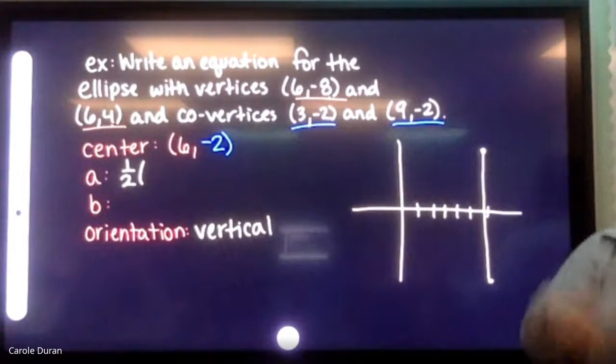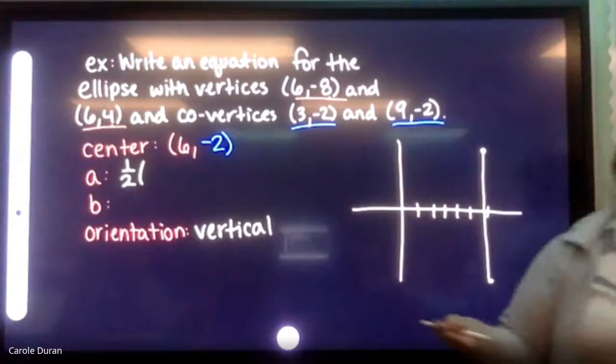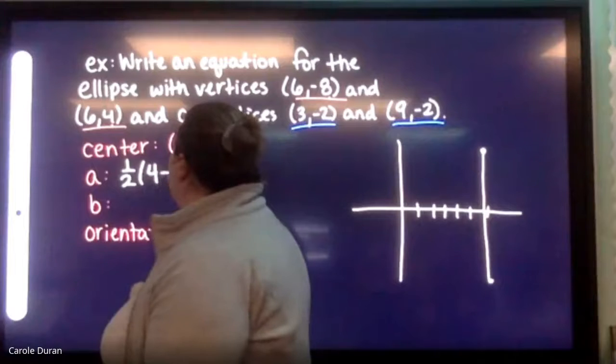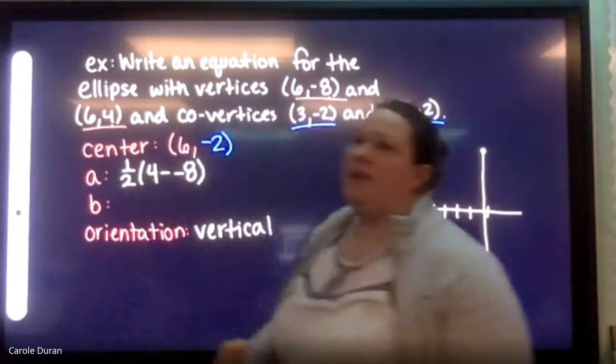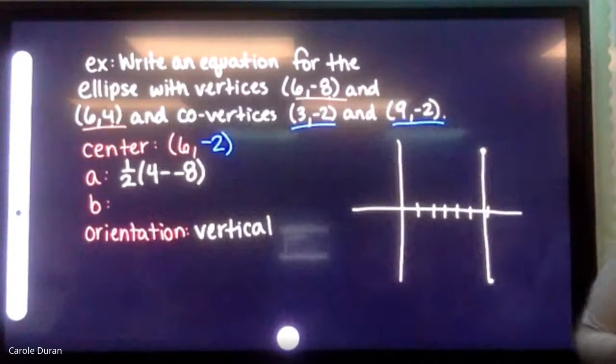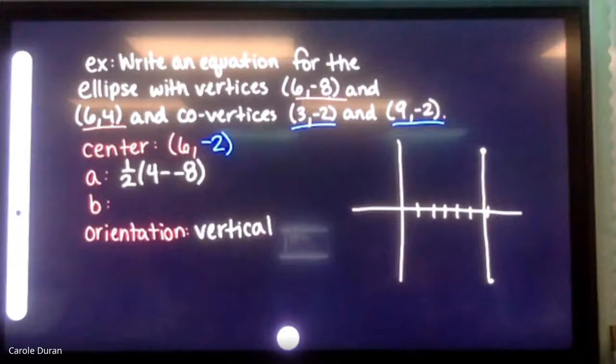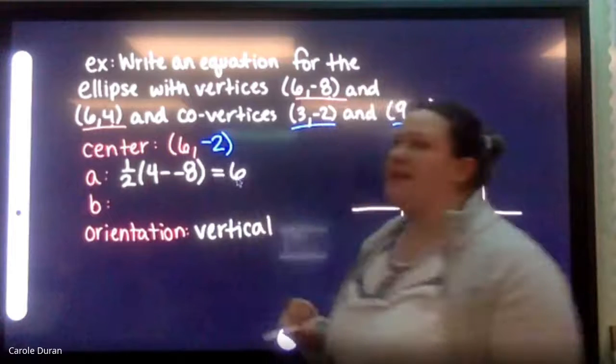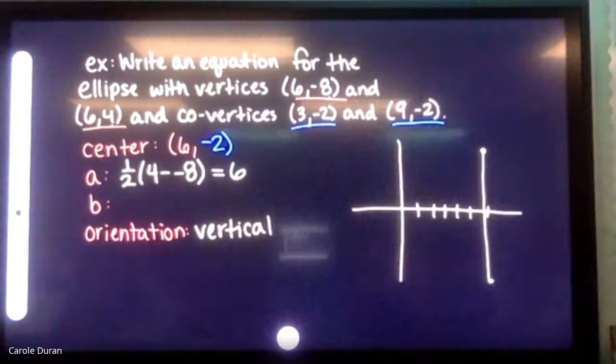I'm using the y values because the x values are the same. So I'm going to do 4 minus a -8, and then I'll simplify that. 4 minus a -8 becomes +8, which becomes 12, and 1/2 of 12 is 6. So my A value here is 6.